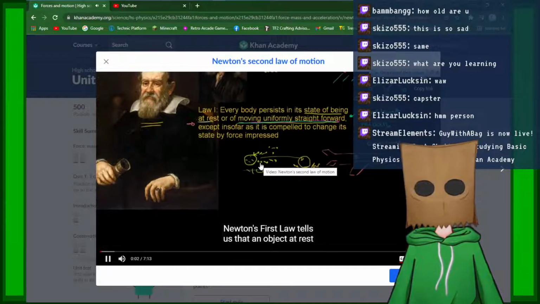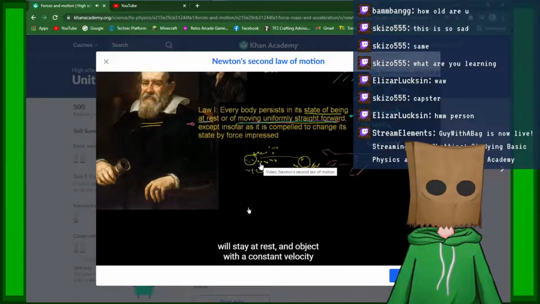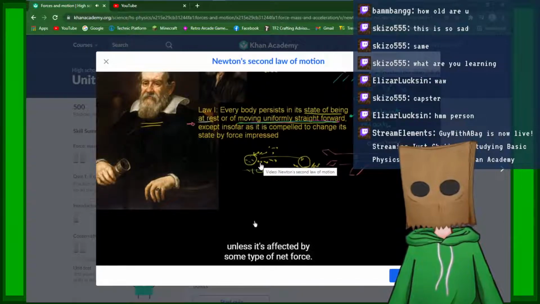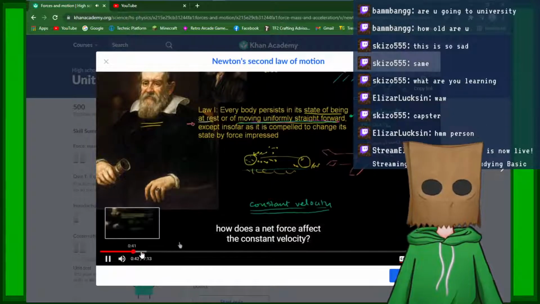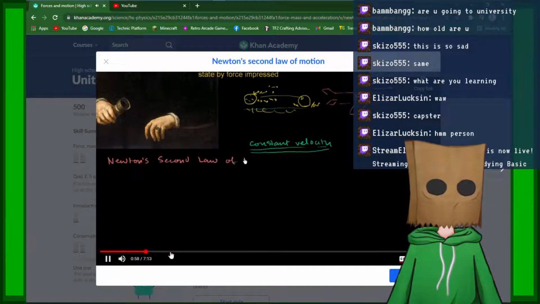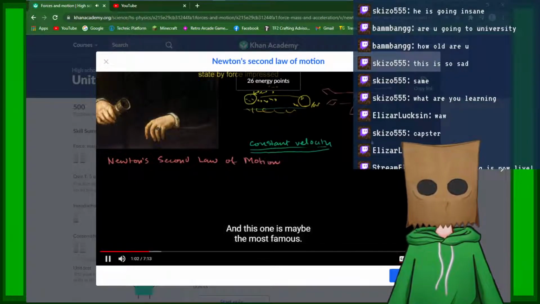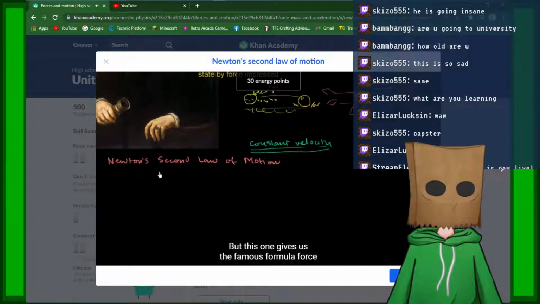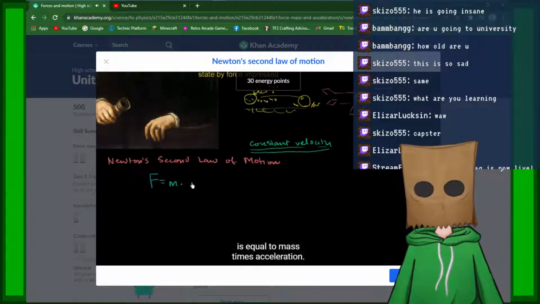Newton's first law tells us that an object at rest will stay at rest, and an object with a constant velocity will keep having that constant velocity unless it's affected by some type of net Alright. force. Or you actually could say an object with constant. I Does don't a think I net remember force doing this one affect the at constant all. velocity or law of motion? And this one is maybe the most famous. They're all kind of famous. Actually, I won't pick favorites here. But this one I gives us am the going. famous formula: force is I'm equal to not going to a mass university yet. times I'm acceleration. still a grade 12 student.